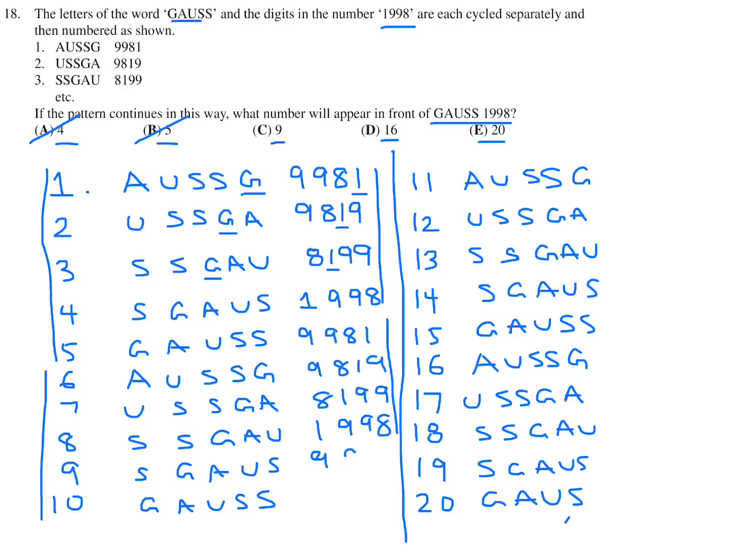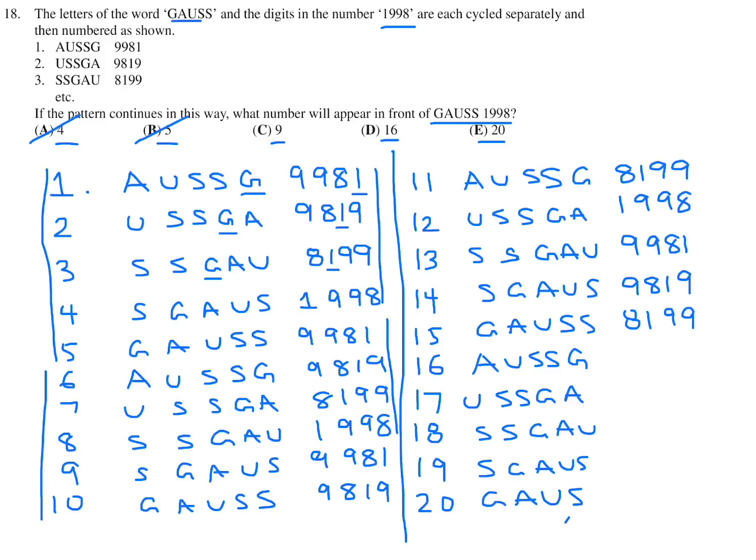So let's just keep going. 9981, 9819, 8199, and then 1998. Same thing, over and over.